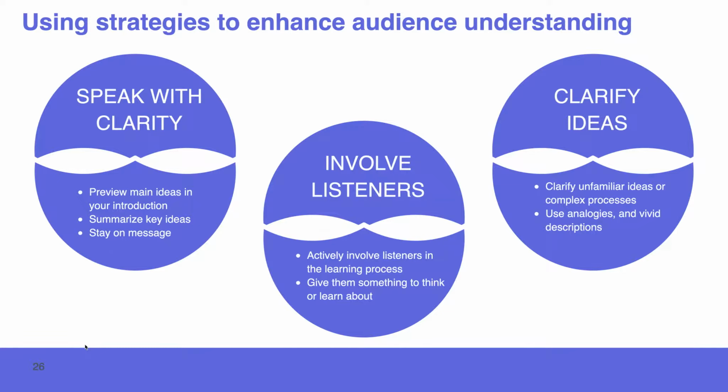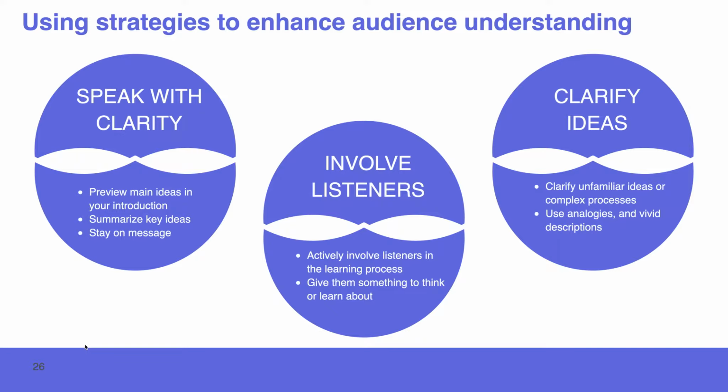A few more things to talk about here, right? So using strategies to enhance audience understanding, to make sure that people understand your speech. You want to be very clear in sharing that information. You want to make sure that you involve your audience. And if the ideas are complex, you try to simplify them. Okay.